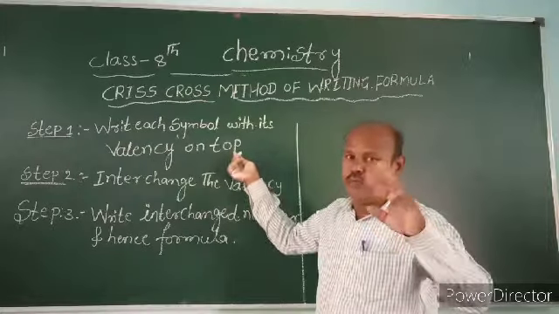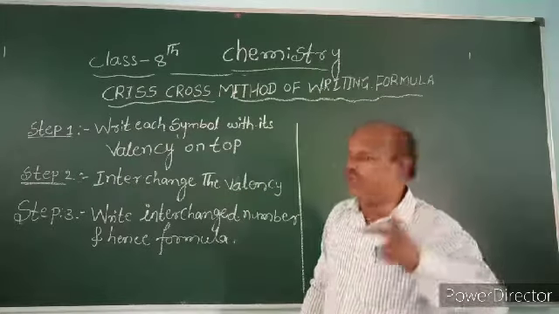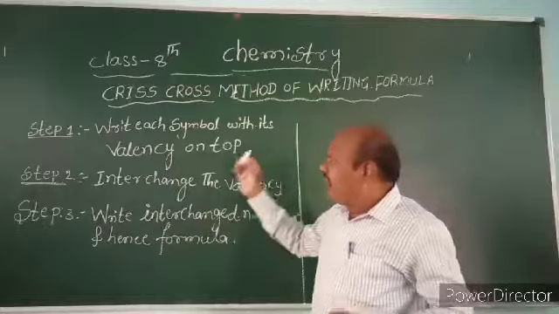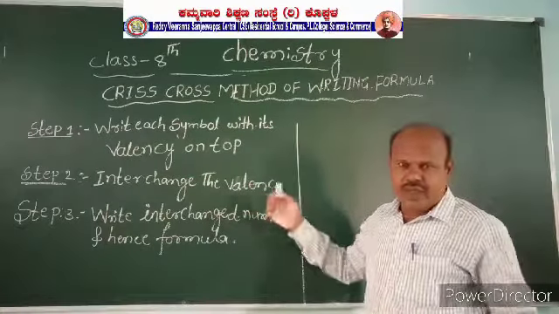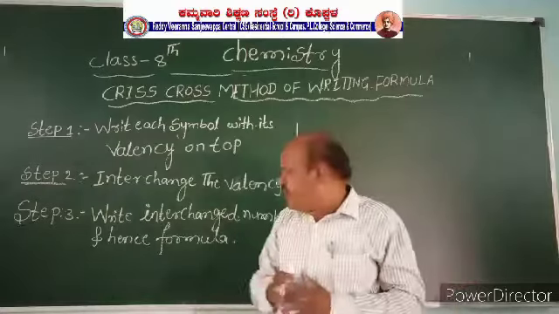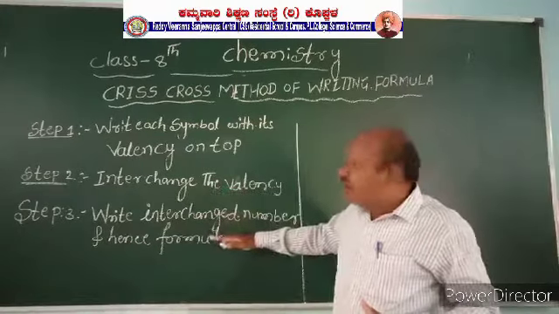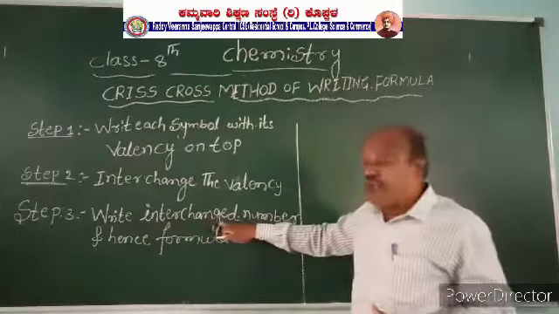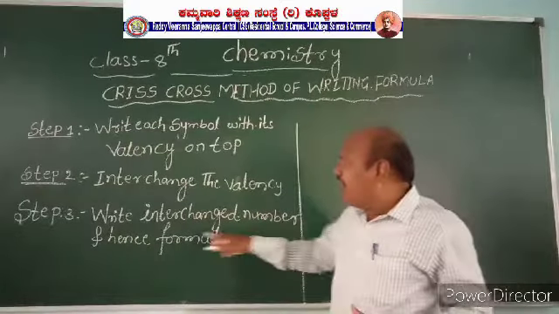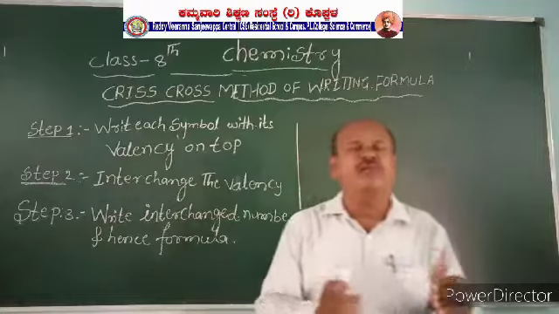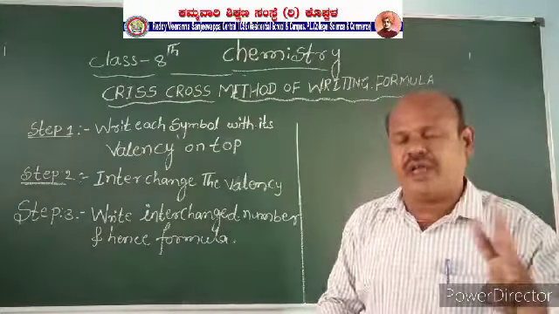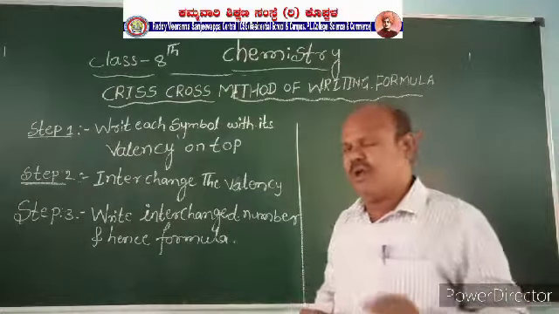Already you know valency: monovalency, bivalency, trivalency. Next step is interchange the valency. And the third step, write the interchanged numbers, and hence we will get the chemical formula. These are the three steps to write the chemical formula.